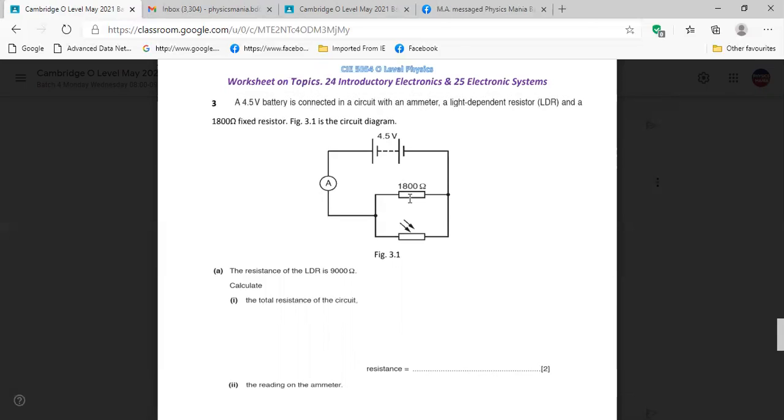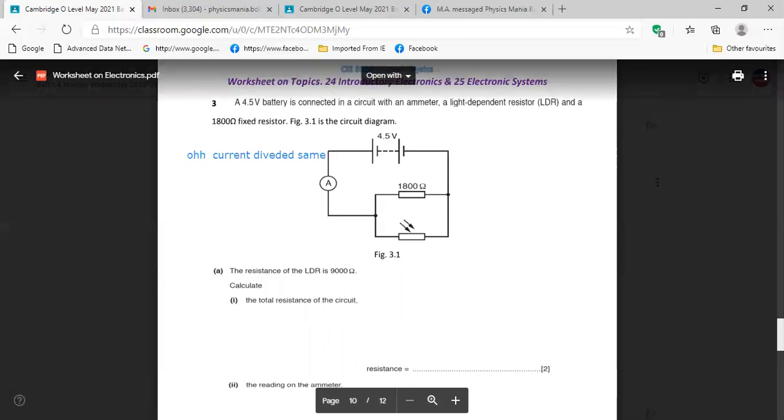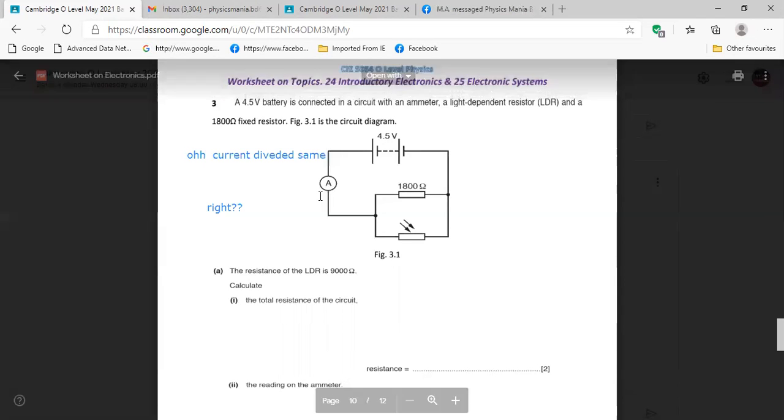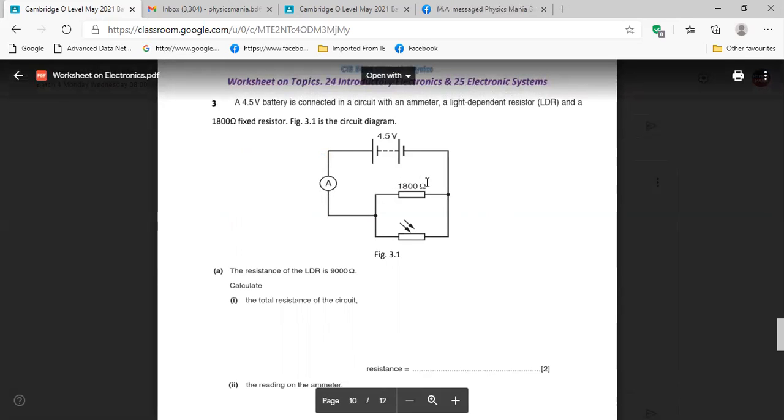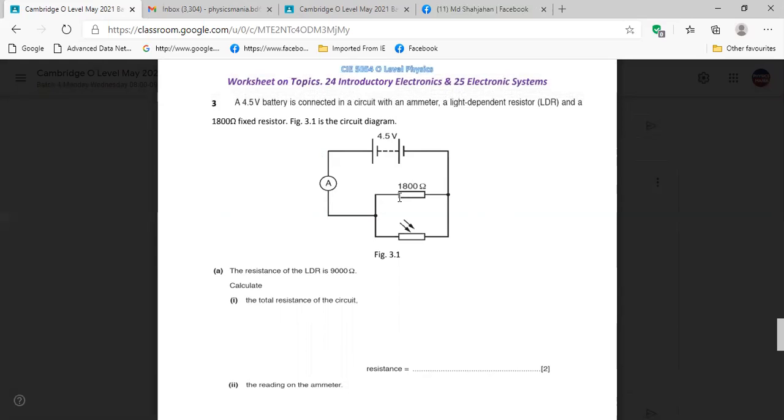You understood it, Karim? No, not current divided, Karim. You see here we have 1800 ohm, and the voltage is same. So you use the formula V equals IR, I equals V by R. If you check, previous current and present current are same, but here the LDR's resistance has changed.